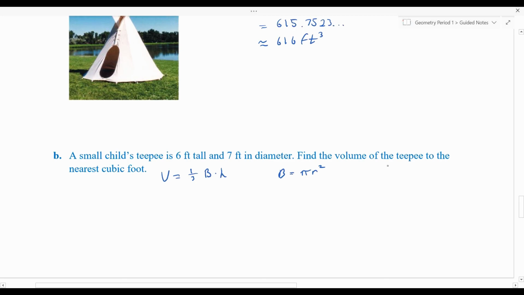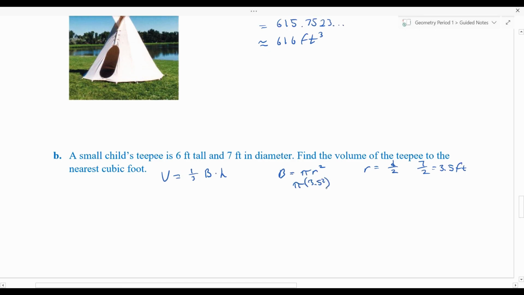Do we have the radius? Again, we don't have it. They tell us the diameter, so we know that the radius is the diameter divided by 2. We take 7 divided by 2, and we get 3.5 feet.